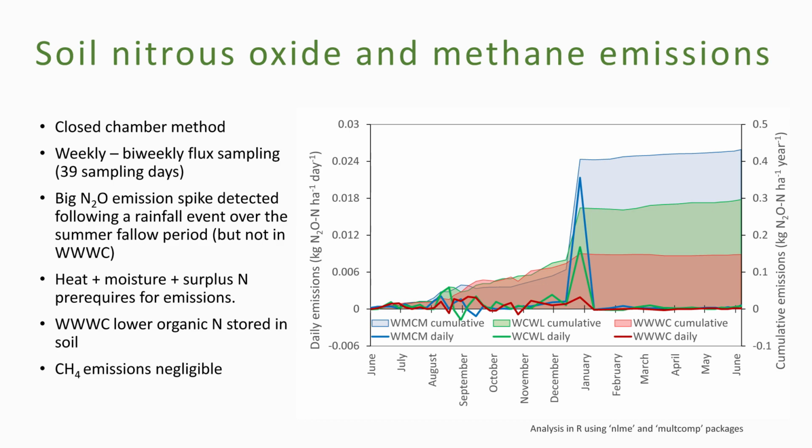For the cash crop only system that relied fully on nitrogen fertilizer, we didn't get a spike at all. Basically the reason for this is that by the time it gets to that stage, after you've already had harvest, after the plant's already extracted all the nitrogen out of the soil, there's very little being stored in the organic material inside the soil. So when there's water all of a sudden in summer, and it causes a spike in activity in the soil and everything starts breaking down, there's no extra nitrogen that was then released as nitrous oxide.